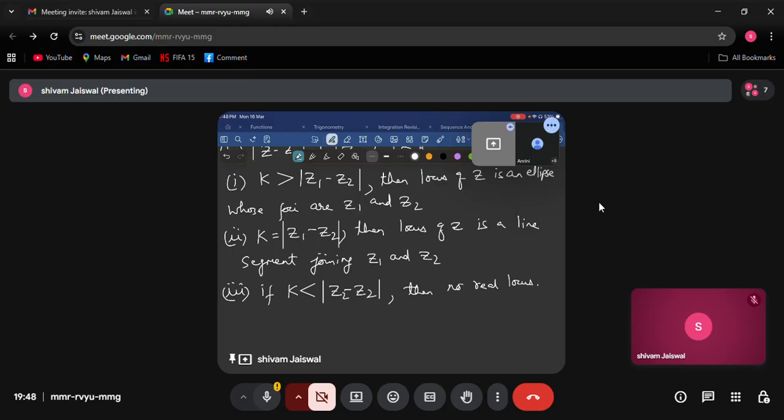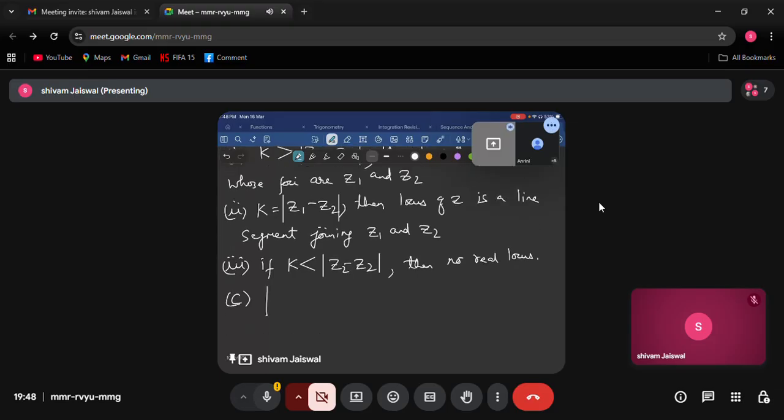Next, part C. Mod of z minus z1 minus mod of z minus z2 equals k.